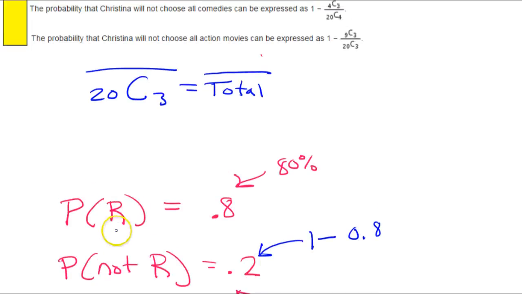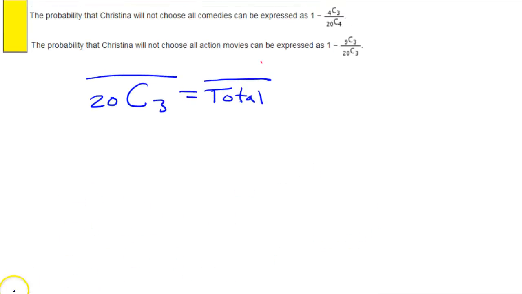So what does that have to do with this up here? Here they're saying the probability that Christina will not choose all comedies.